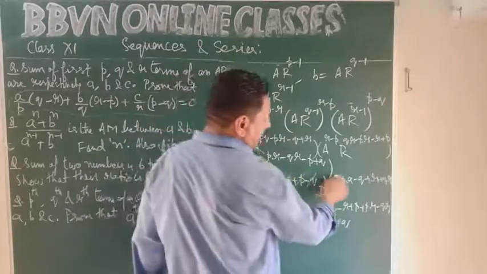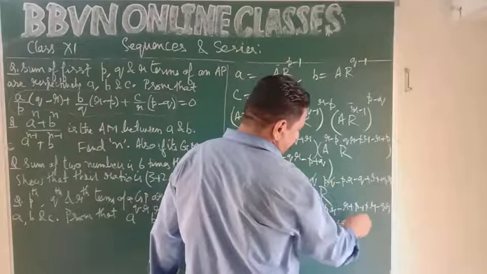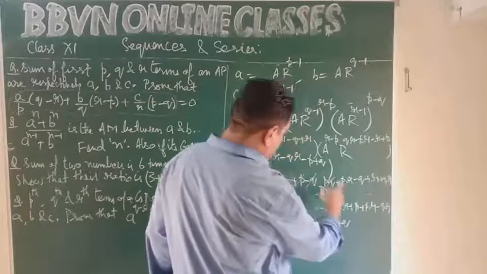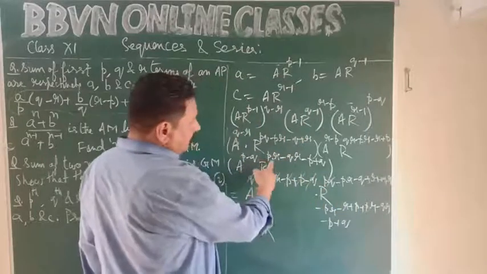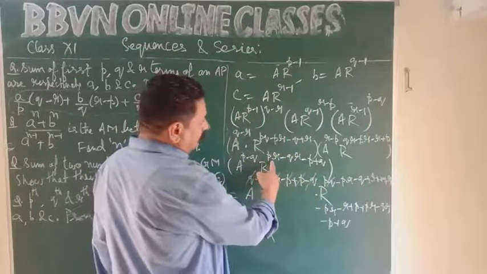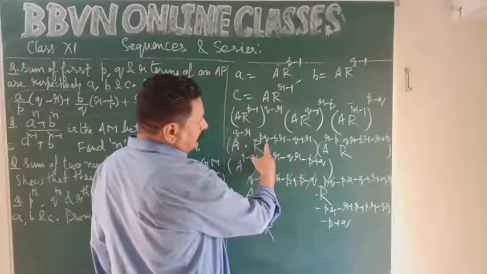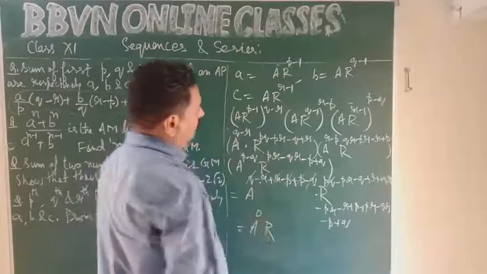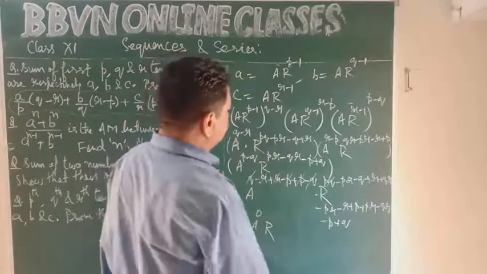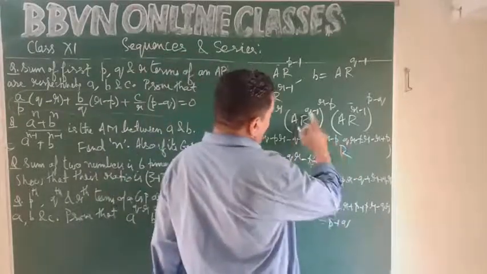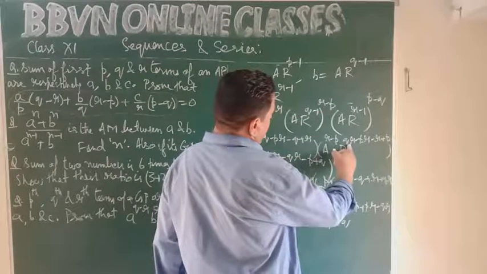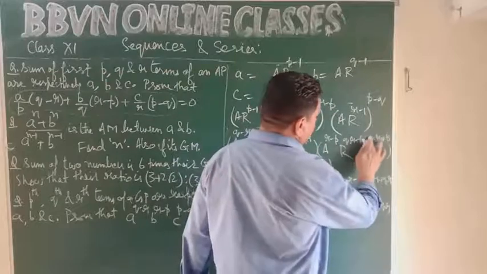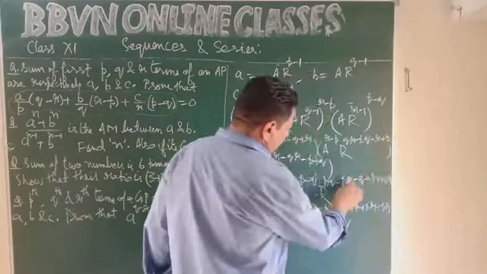And here all the powers will be cancelled. pq minus pq, pq, r to the power pq, second term qr, minus pq.